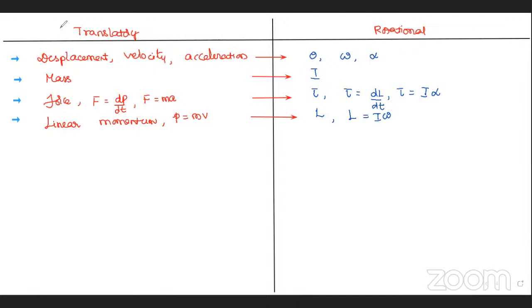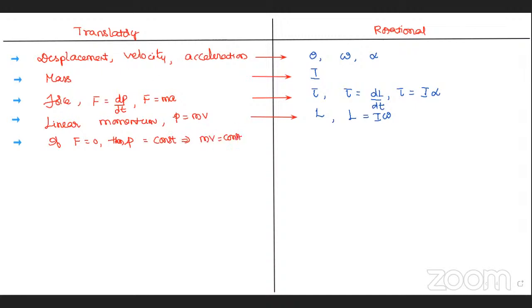Next, according to law of conservation of linear momentum, if F is equal to 0, then P equals to constant. That implies mv is equal to constant.